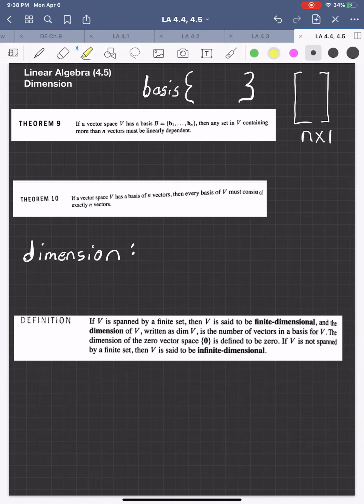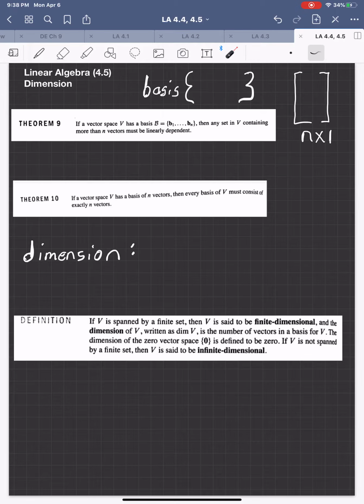So Theorem 9 reads as follows. If a vector space V has a basis, then any set in V containing more than n vectors must be linearly dependent.